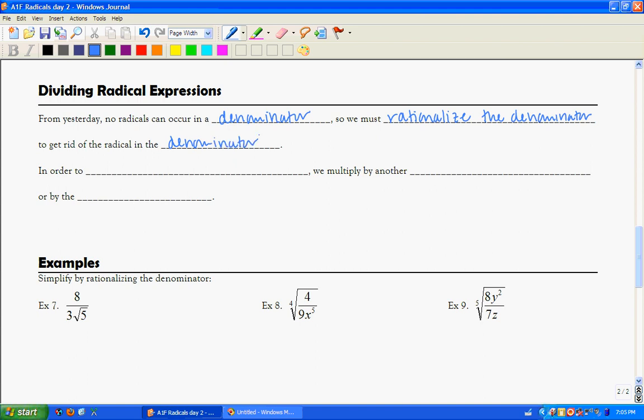So in order to do this process, in order to rationalize the denominator, you multiply by another radical expression.